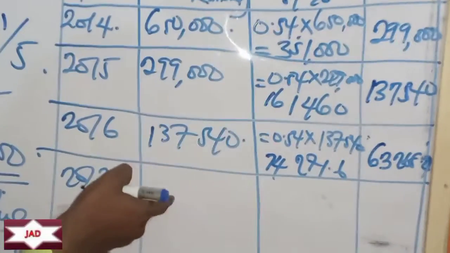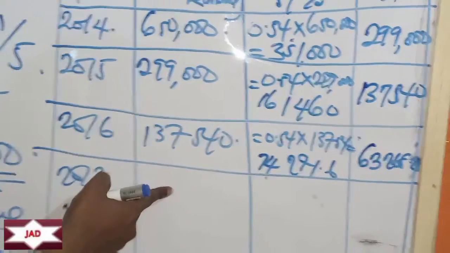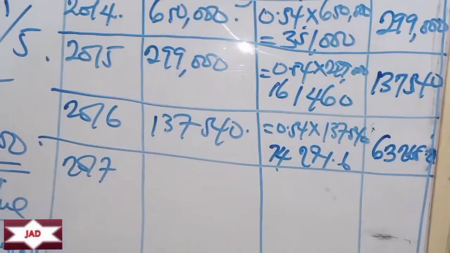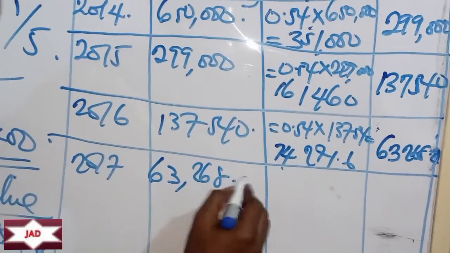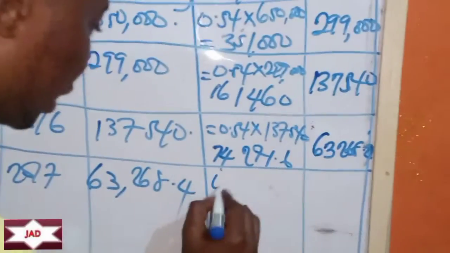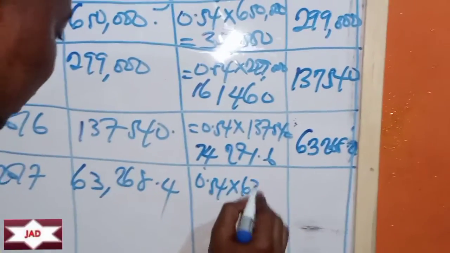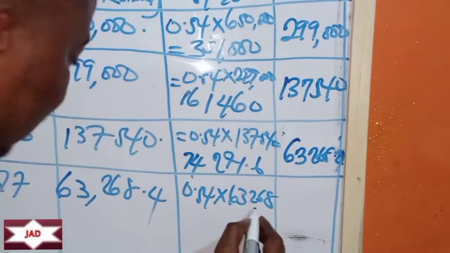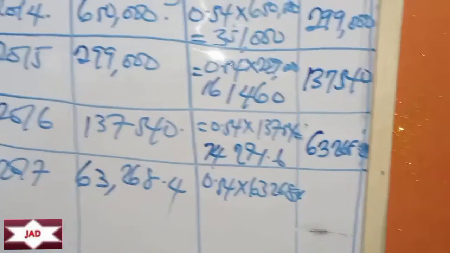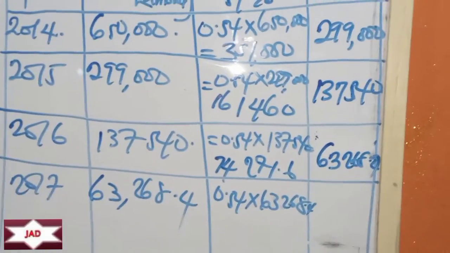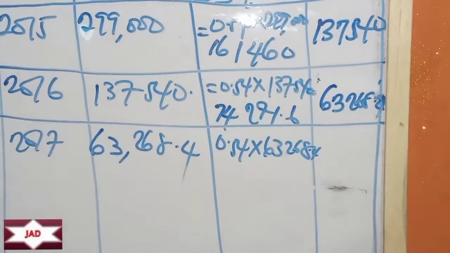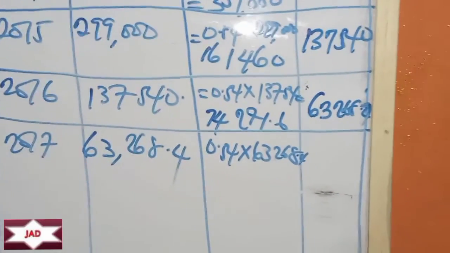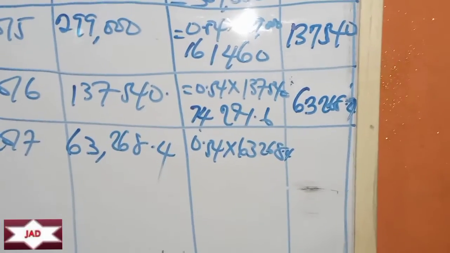So 2017. The carrying amount or the cost at the beginning of 2017 will be the carrying amount at the end of 2016, which is 63,268.4. So depreciation now will be 0.54 times 63,268.4. So we have 34,164.9.